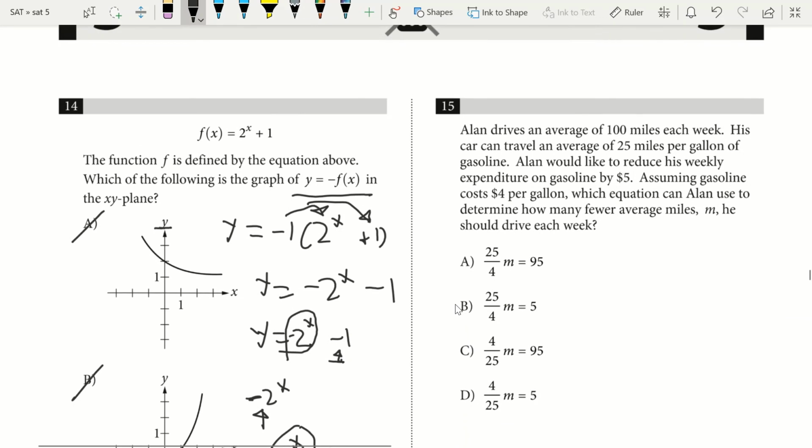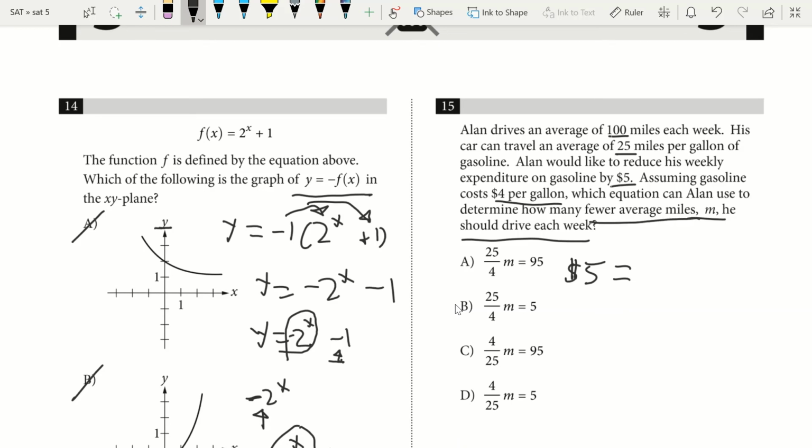Question 15. Alan drives an average of 100 miles each week. His car can travel an average of 25 miles per gallon of gasoline. Alan would like to reduce his weekly expenditure on gasoline by $5. Assuming gasoline costs $4 per gallon, which equation can Alan use to determine how many fewer miles he should drive each week? Well, he wants to save $5. In order to save $5, how much fewer miles does he have to drive?